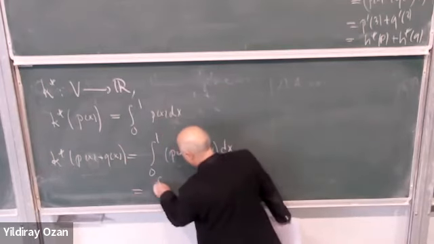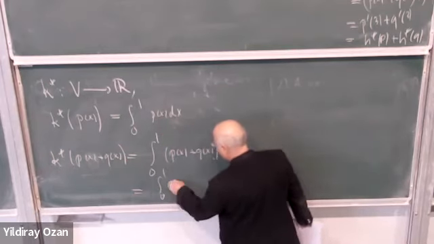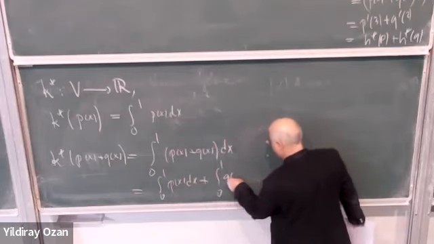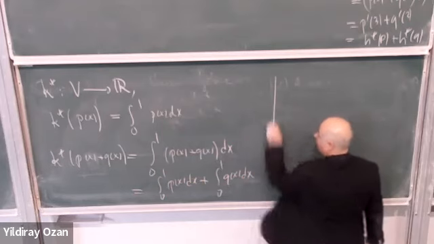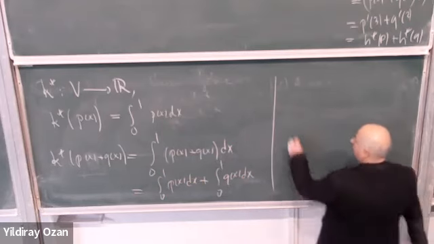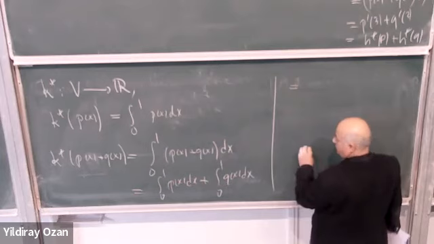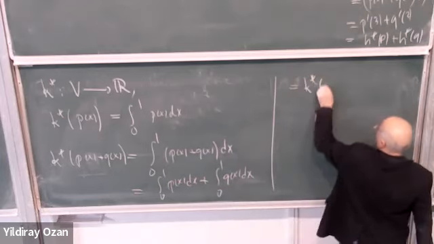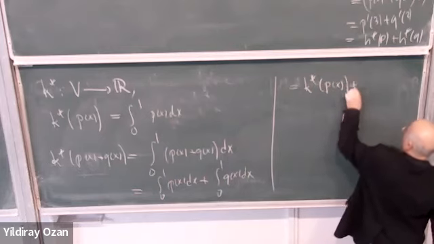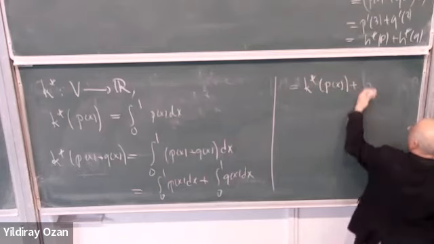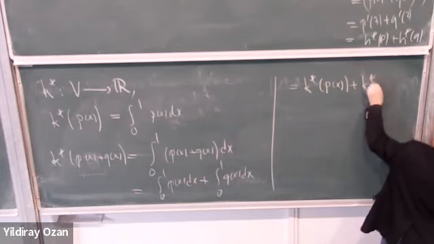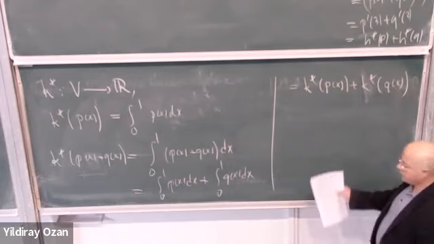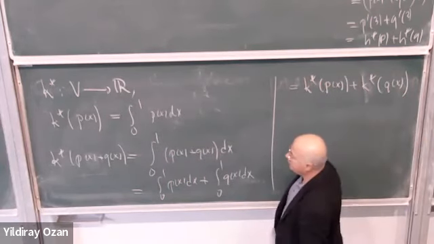But again, from calculus, you know that this integral can be split, and that is just k star of p plus k star of q. Therefore, k star is linear.